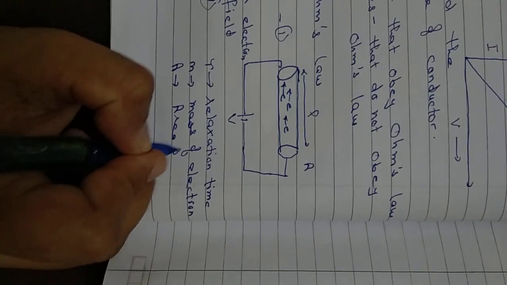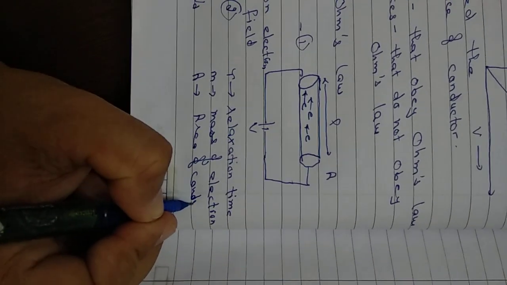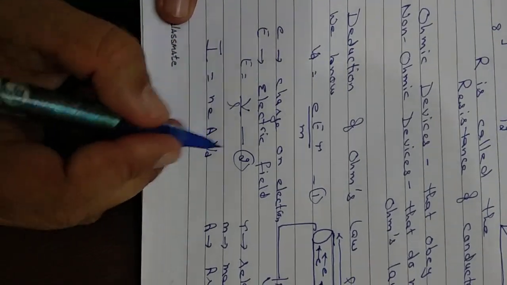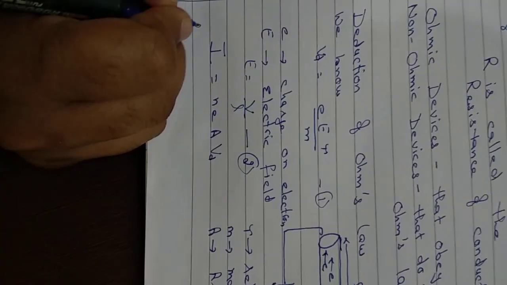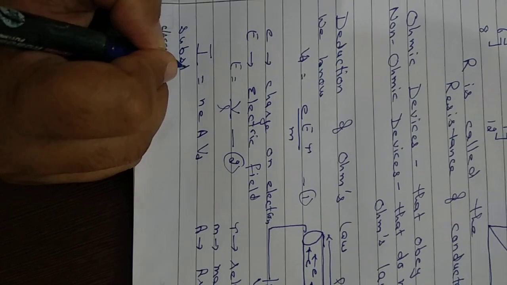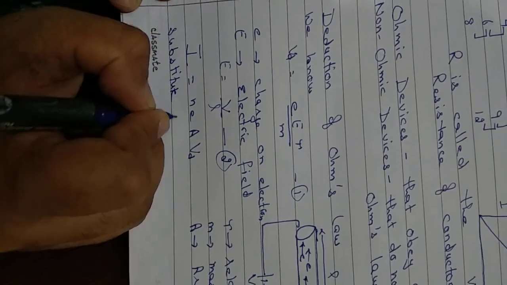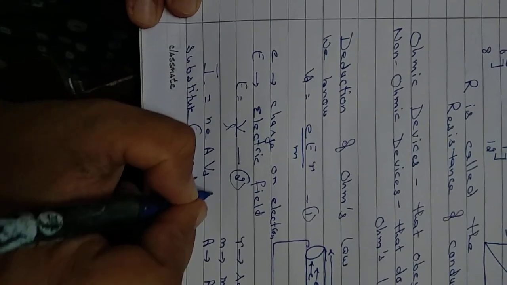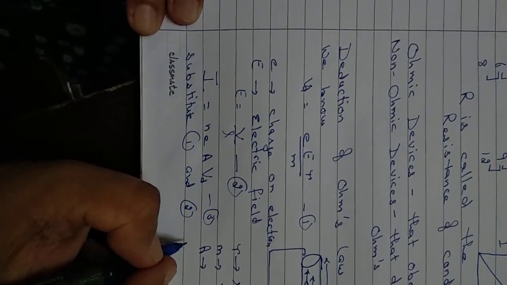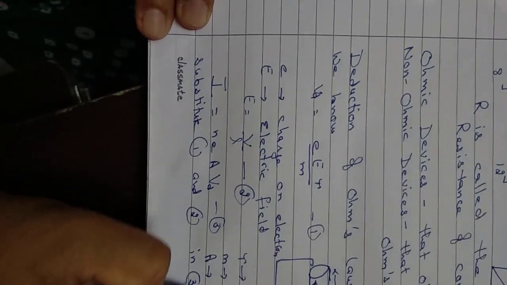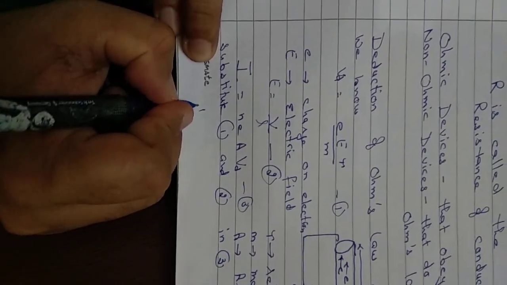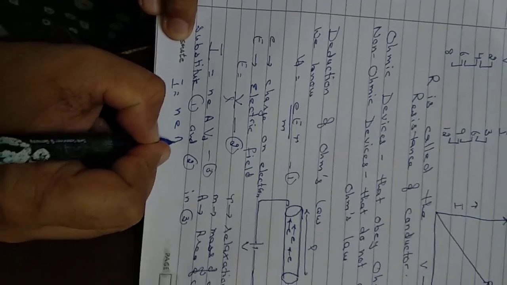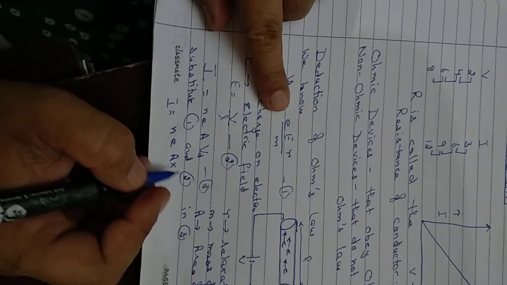I hope these relations are clear to you. So we substitute the value of Vd. We substitute equations 1 and 2 in equation number 3. So what do we get? I is equal to N e A into Vd.